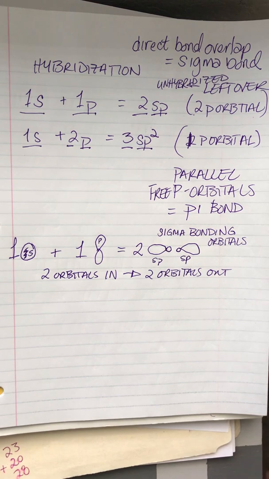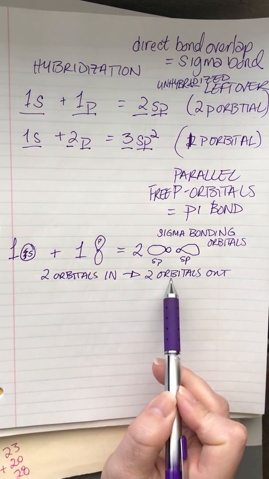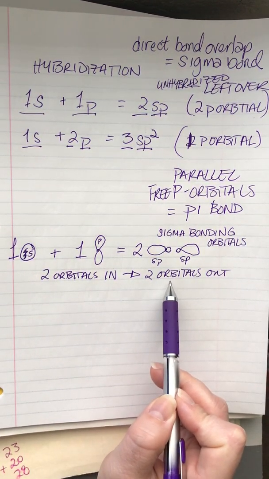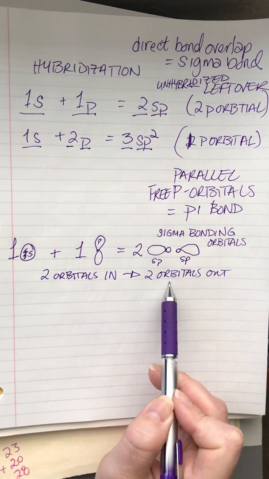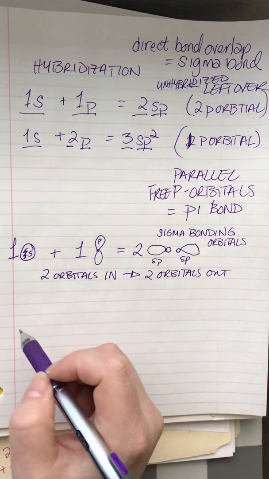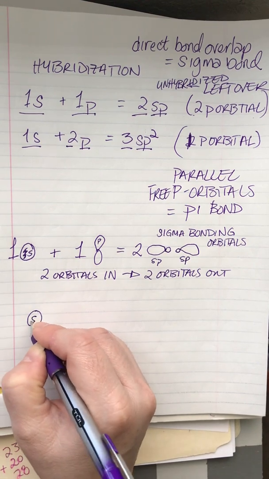Yeah, absolutely. Just looking at this example, how many p orbitals do we have left over that we didn't hybridize? None. So an s orbital looks like this.